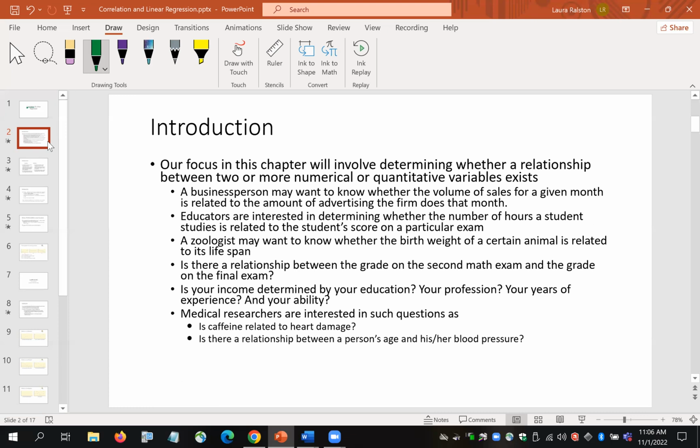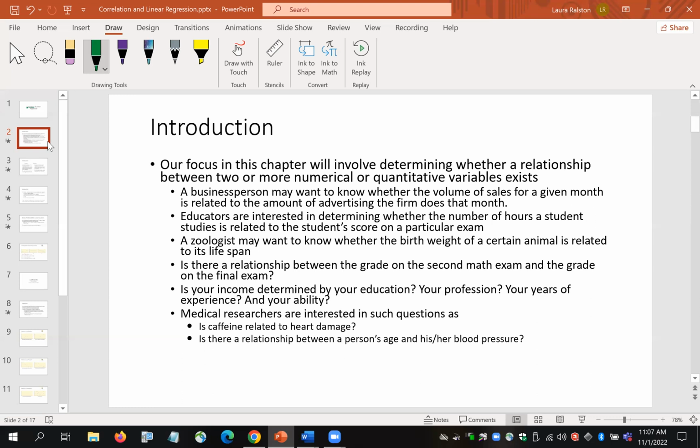A zoologist may want to know if the birth weight of a certain animal is related to its lifespan. Is the birth weight a good predictor of the animal's lifespan? Is there a relationship between the grade on the second math exam and the grade on the final exam? Is your income determined by your education?